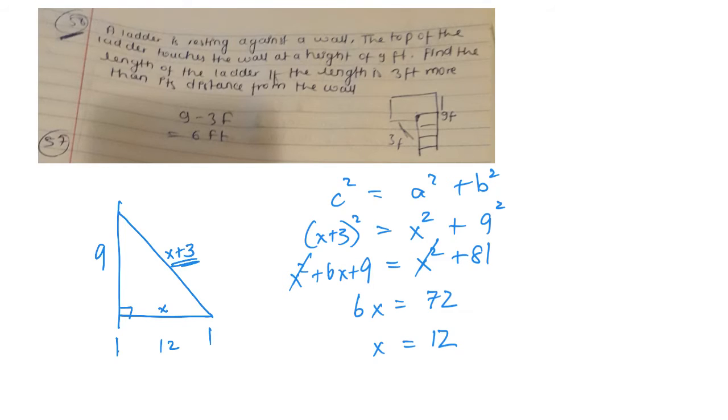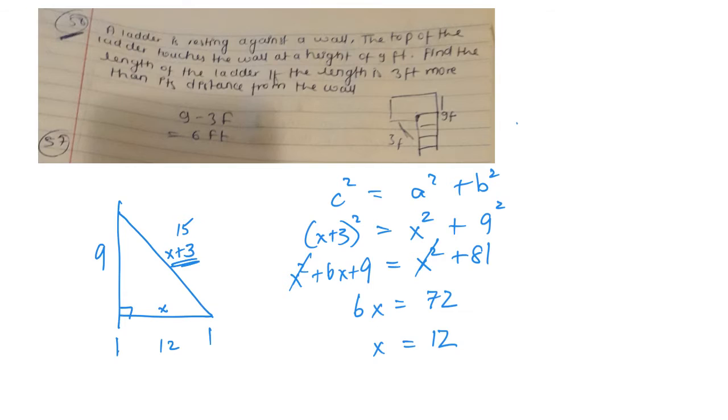How could that be? If the length is 3 feet more than its distance from the wall. Did I do something wrong there? More than likely. Anyway, this distance would be 15.